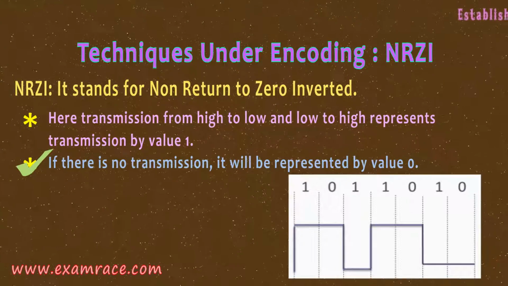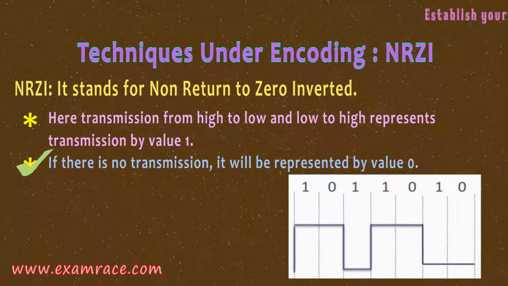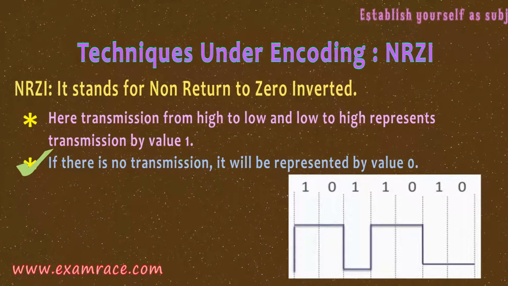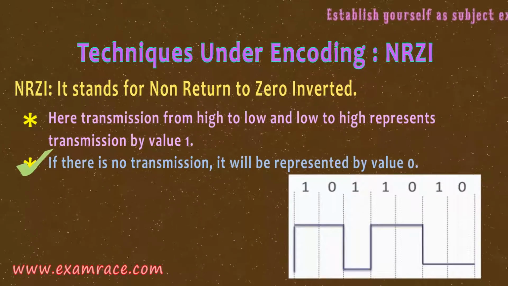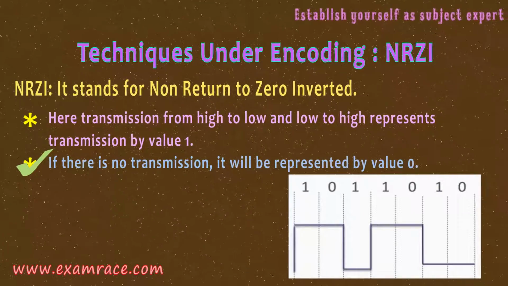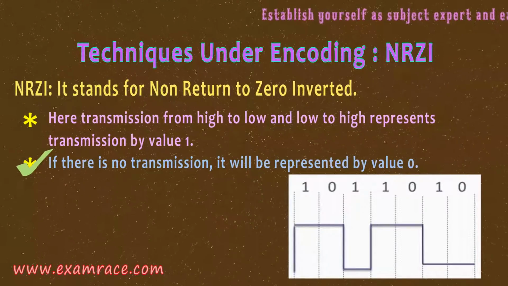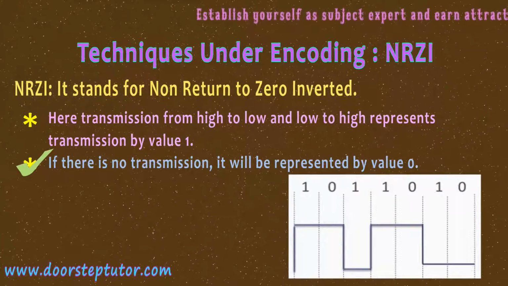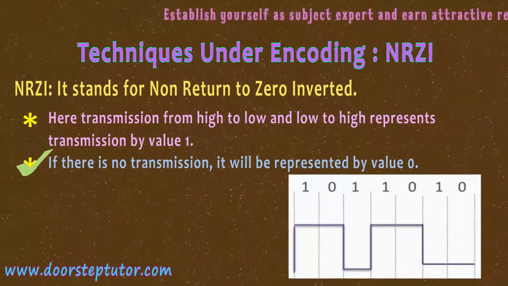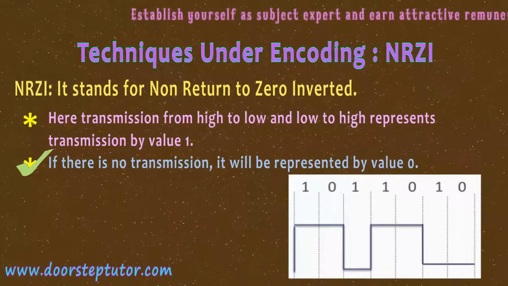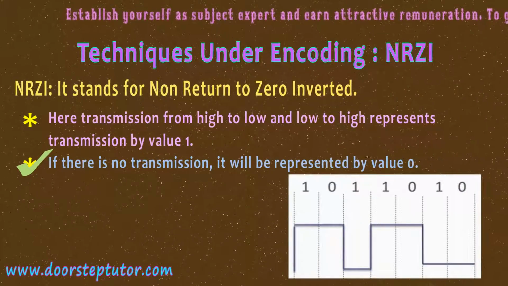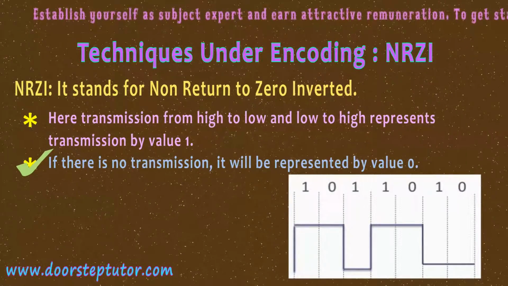It means that the line will continue as it is. Then 1, it means there will be a change in the wave. Again it is 1, again the wave will change, then it is 0, the line will continue as it is. So this is the simplest working of NRZI, which is a very famous technique under encoding. So this was all about the slides.